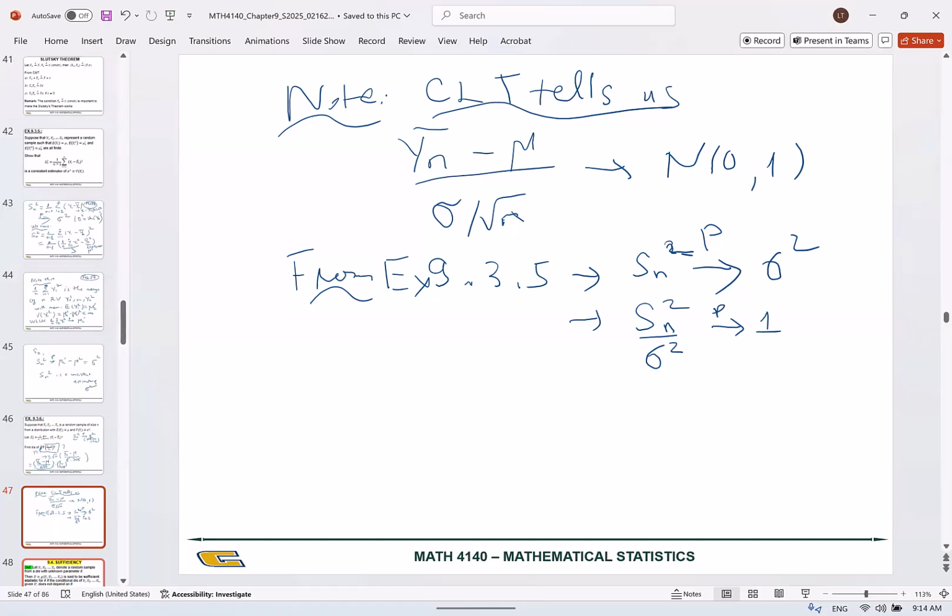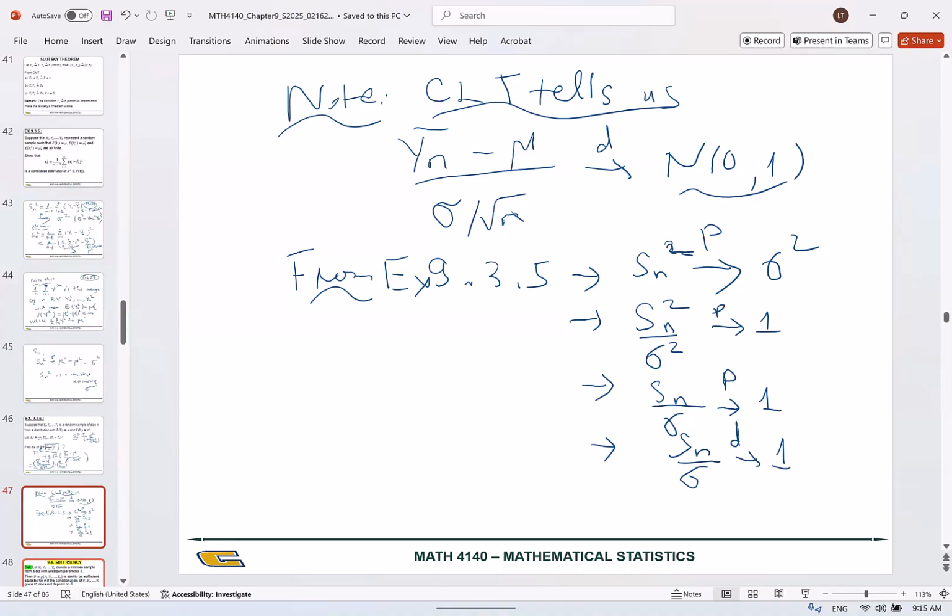You can also see that Sn by sigma converges in probability to 1. Convergence in probability to a constant can also be treated as convergence in distribution to 1.